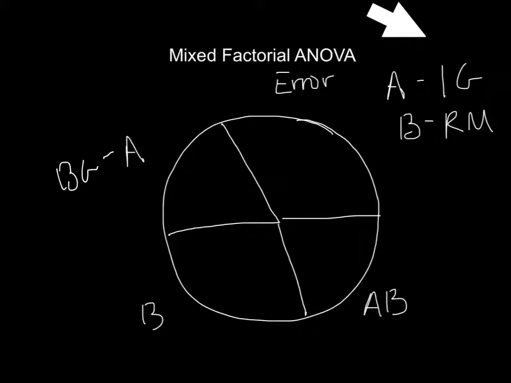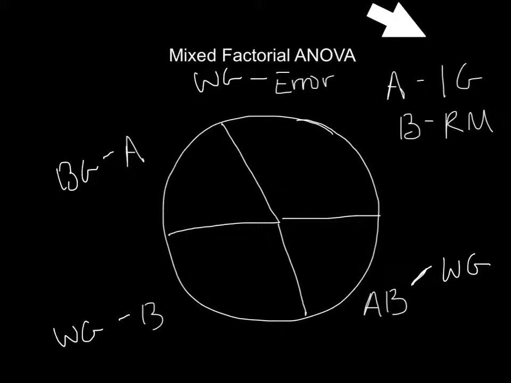The part that's considered repeated measures will be our B variable, because it's repeated measures, it's going to be within groups. Everything defaults to the within if any one of the variables is repeated measures, so that means our interaction is also going to fall as within groups. And then our error here is also, as it always has been, within groups.